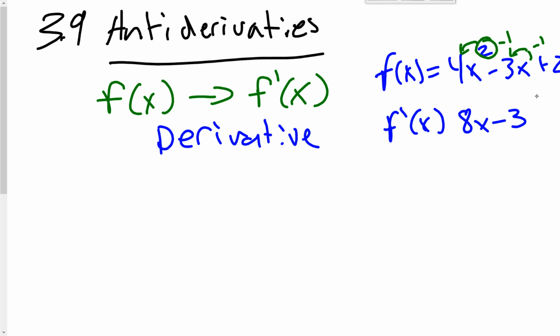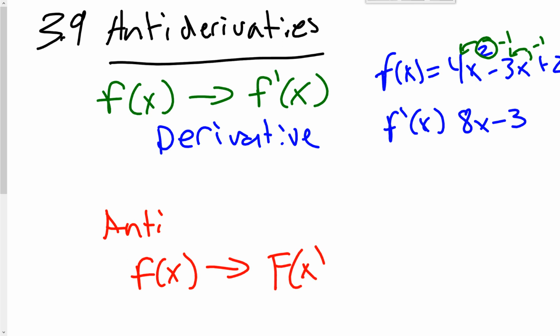Well, here what we're doing for antiderivatives, it's more of the form where we go from f to capital F of x. So the f that they would give us would be like the derivative.